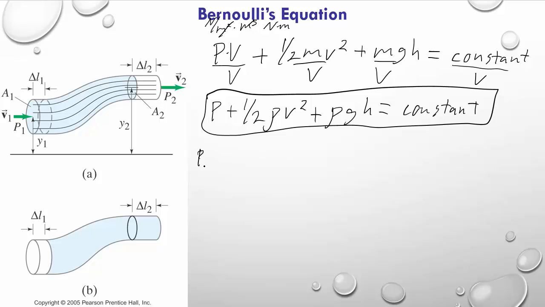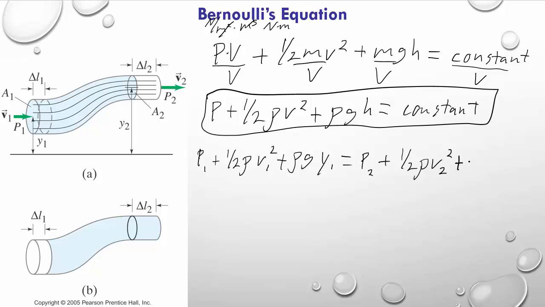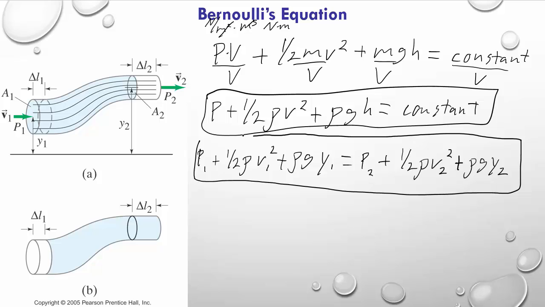So often we write this as P1 plus 1/2 rho V1 squared plus rho G. A lot of times we call this Y instead of H. So Y1 equals pressure at some other point, P2, plus 1/2 rho V2 squared, and here we assume that the density of our fluid didn't change, plus rho G Y2. And this beauty right here is known as the Bernoulli equation.